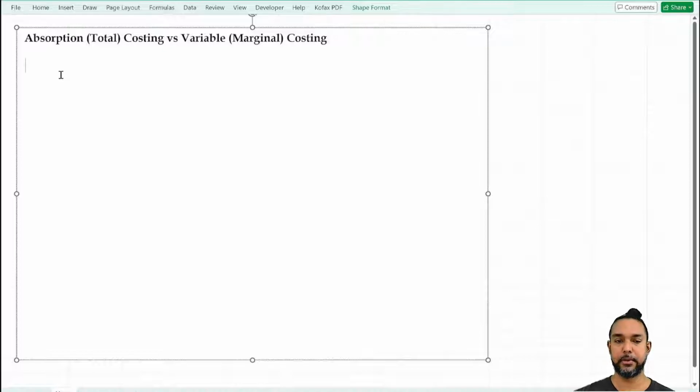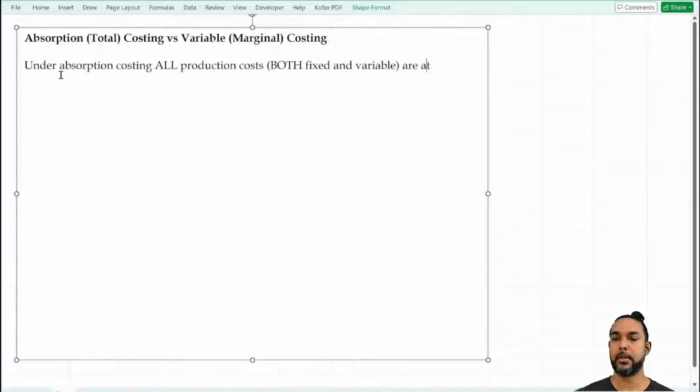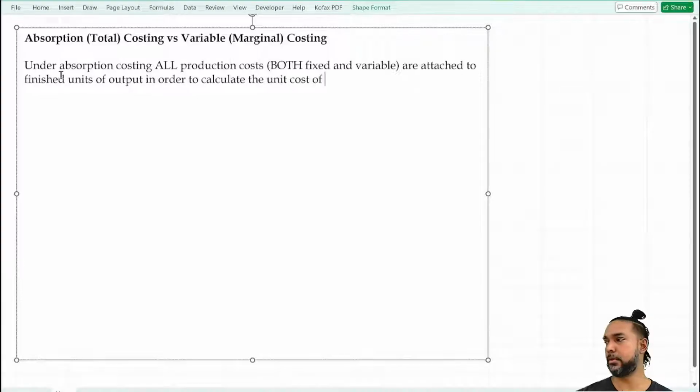So under absorption costing, all production costs, both fixed and variable, are attached to finished units of output in order to calculate the unit cost of production.